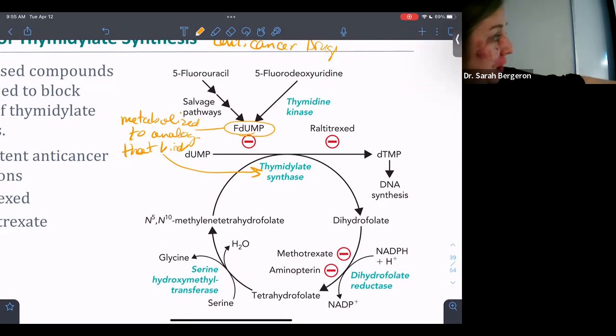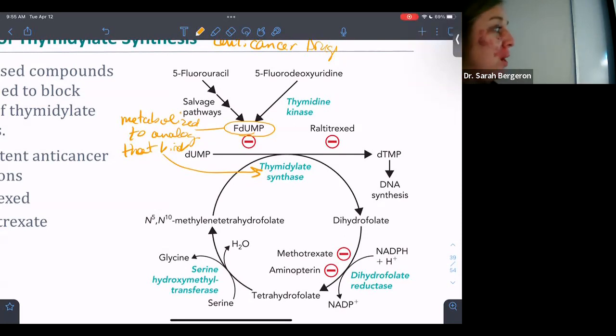If we have things like methotrexate, that's a really, really popular anti-cancer drug. So methotrexate does not directly work on thymidylate synthase. But what does it work on? Dihydrofolate reductase, which prevents the acquisition of those electrons from NADPH.